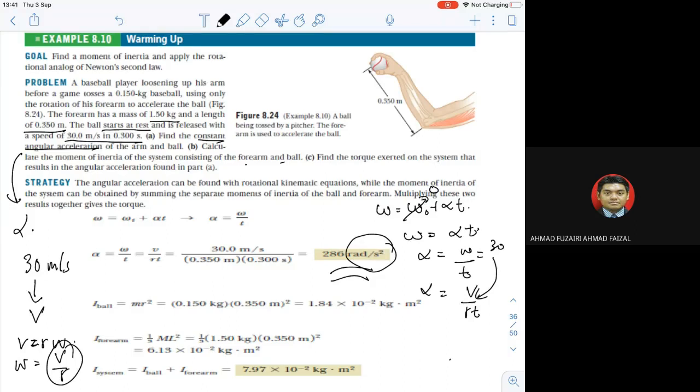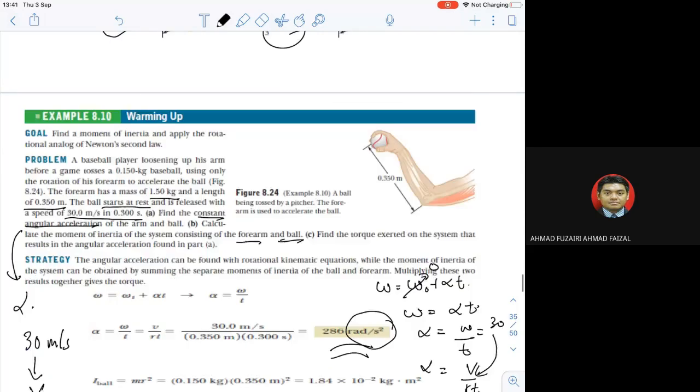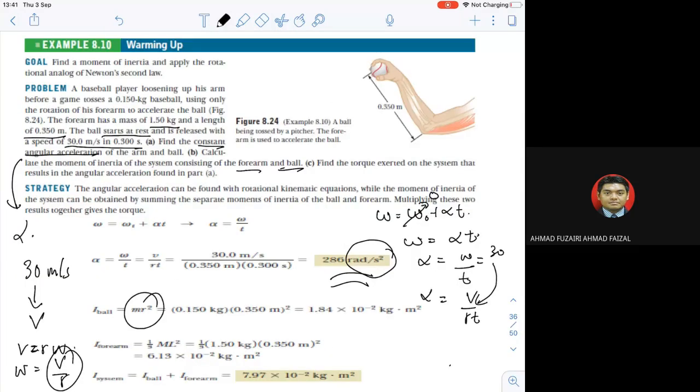Okay, and part B, calculate the moment of inertia of the system consisting of the forearm and the ball. Okay, forearm and the ball. And the ball should be like a hoop or thin cylindrical shell, meaning that it must not be fully solid, meaning inside there must be something. So for a baseball we usually use mr squared.